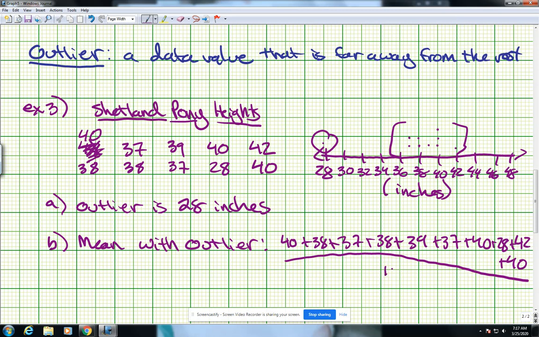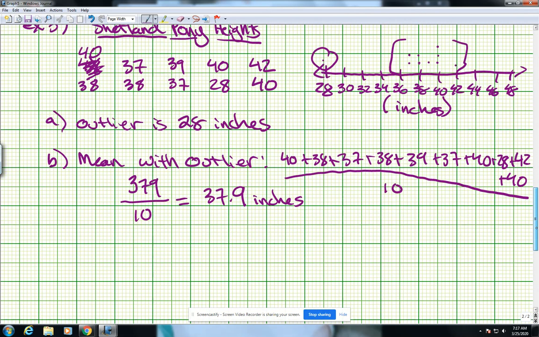There are 10 of them. Bam. If I waved my magic wand and I added all of those together, I would get 379 for the top value. And then I have to divide that by 10, which ends up giving me 37.9 inches. Okay, that's our mean with our outlier included in our data set.